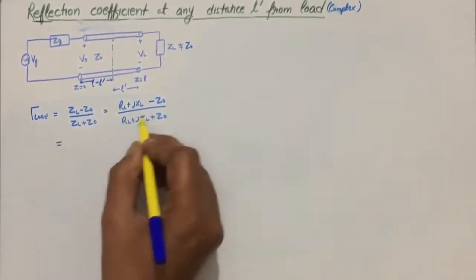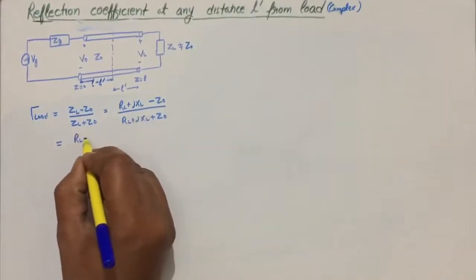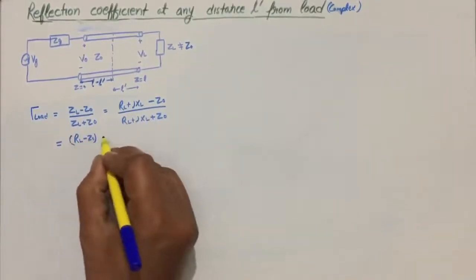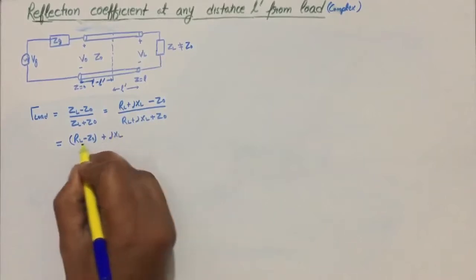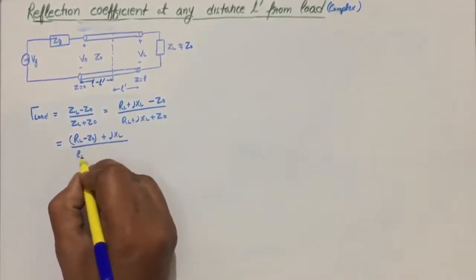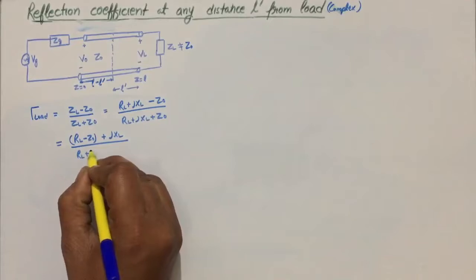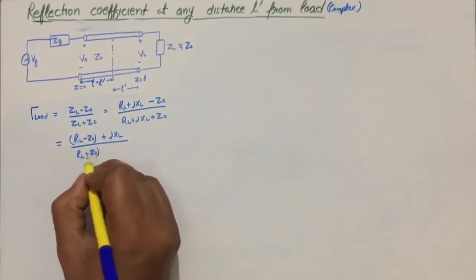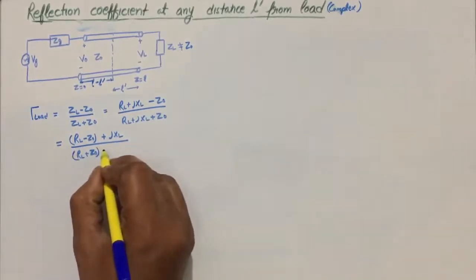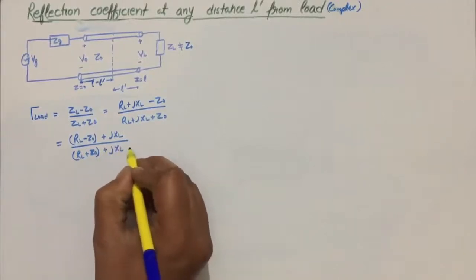So from here we can say RL minus Z naught plus jXL divided by RL plus Z naught plus jXL.